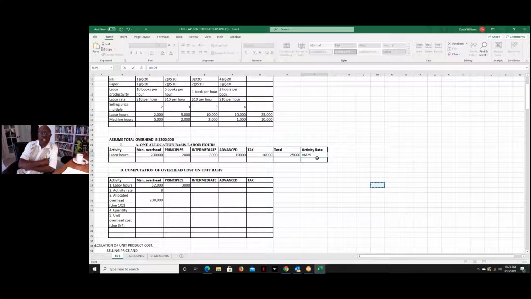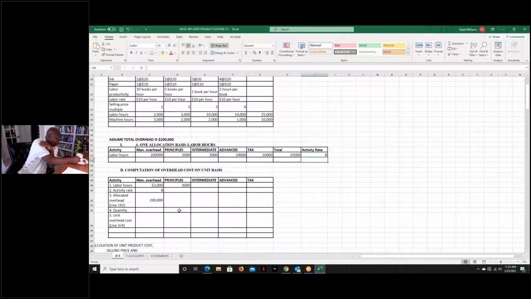Okay, so now we need to calculate the unit cost of the principal's book. So go through that, beginning with the overhead. Go ahead, Hines. Okay, so to get the unit overhead cost, you start with the labor hours, which are also given, which is 2,000, and then we just found the activity rate of 8.